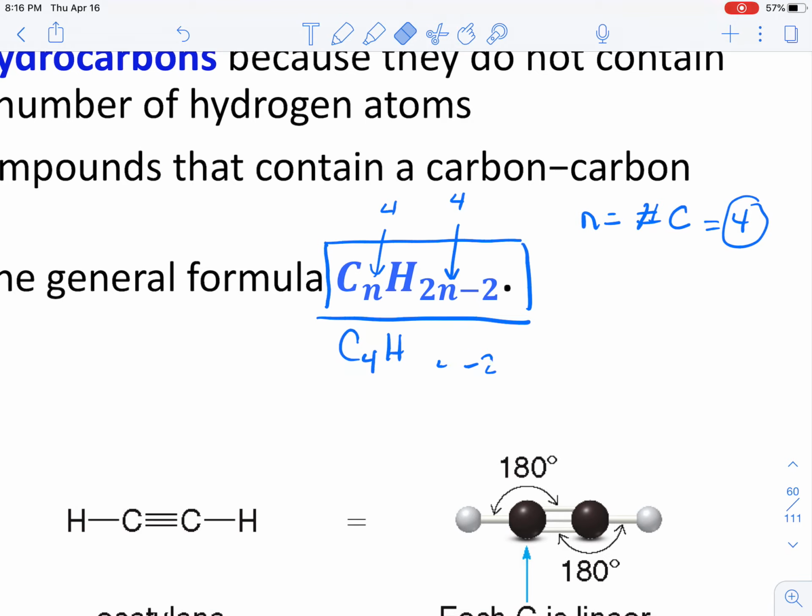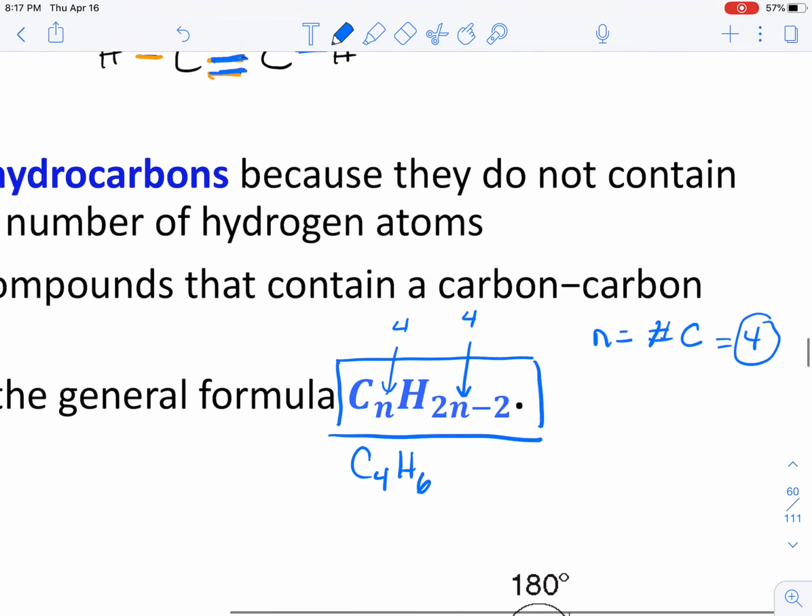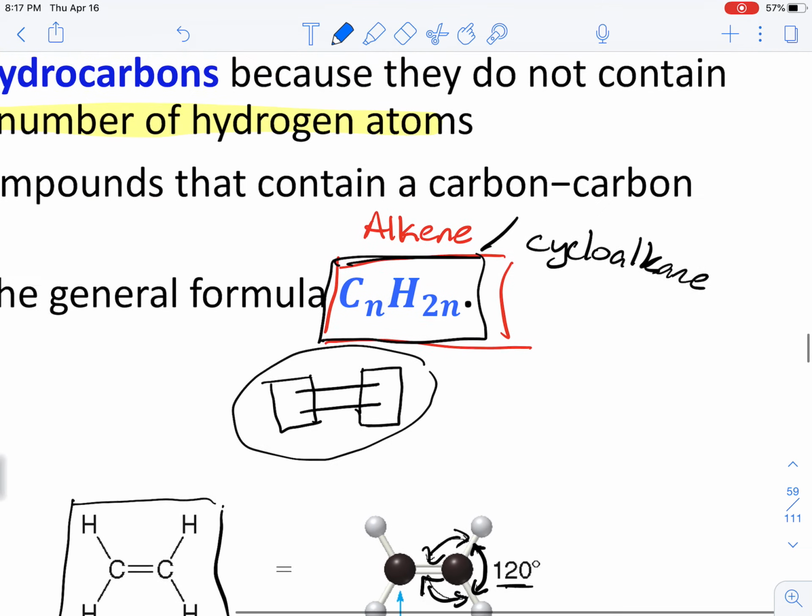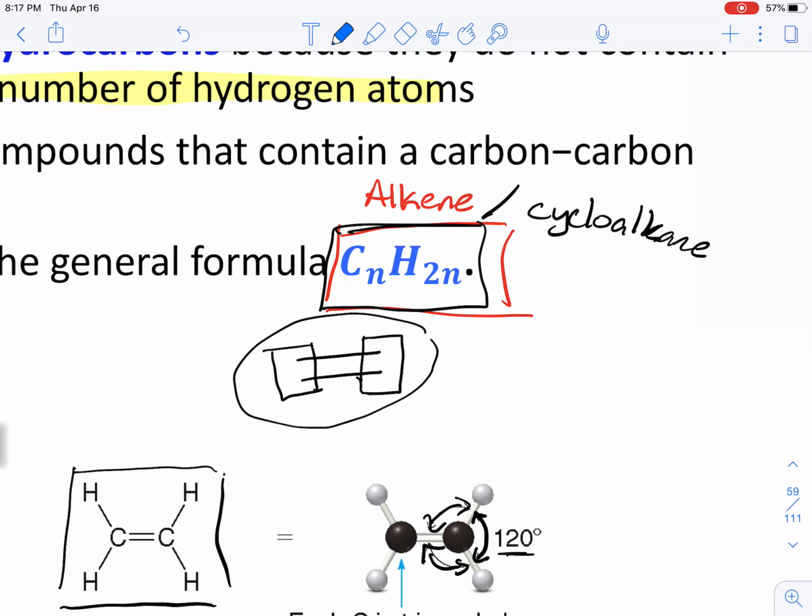And so the chemical formula for an alkyne that has 4 carbons is going to be C4H6. You can go ahead and do the same type of exercise for alkenes and cycloalkanes using their general formula, CnH2n.